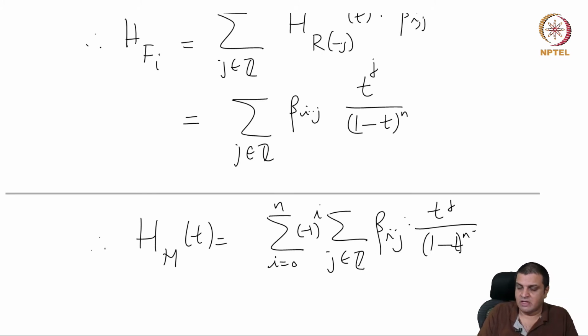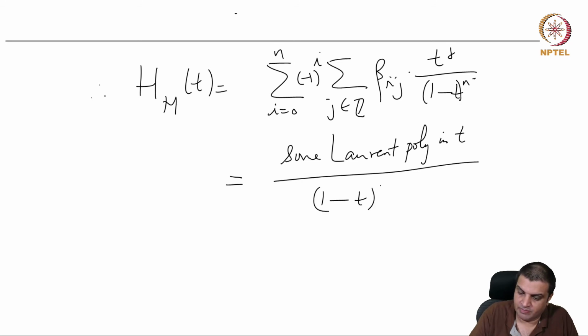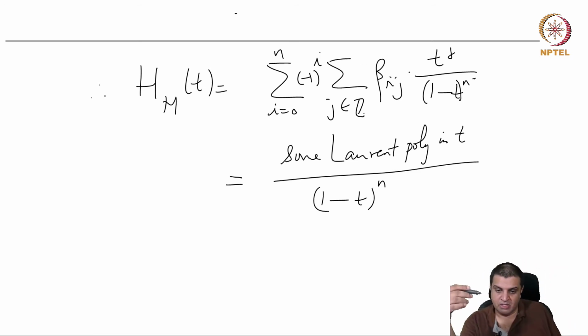If j is negative, it may not be a polynomial. So it is a Laurent polynomial in t divided by (1 minus t) to the n. Okay, just put this common factor. But it can be determined by the beta_ij themselves. So in some sense, the free resolution encodes more. It's a refinement of the Hilbert function or Hilbert series.